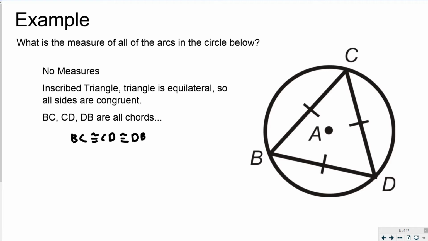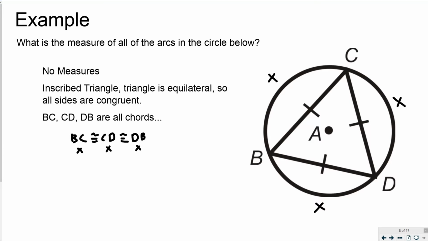Okay, so then what I can do now is put a variable there. I'm going to put a variable x here, and x here, and x here. Because BC I'm going to represent with x. Since they're congruent, I can use x again, and again.